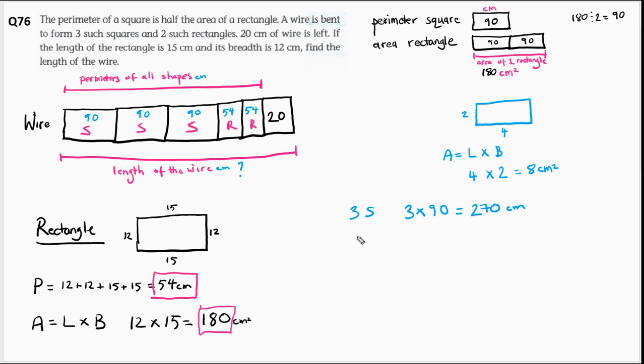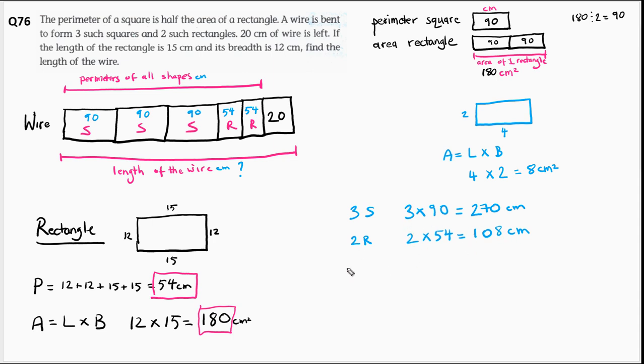We have got 2 rectangles, so that is 2 times 54, and that is going to give us 108 centimeters. And then we have the additional 20.